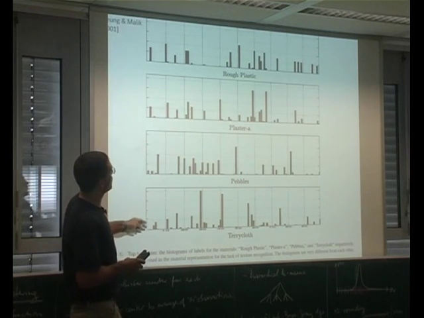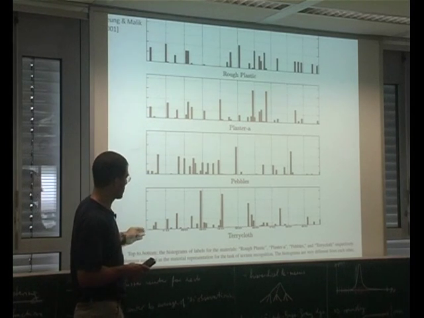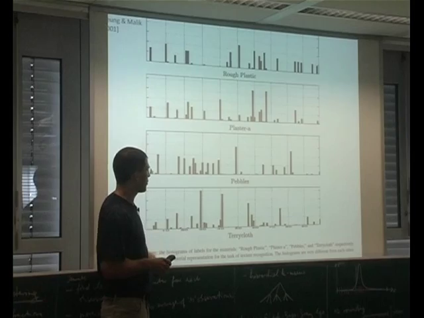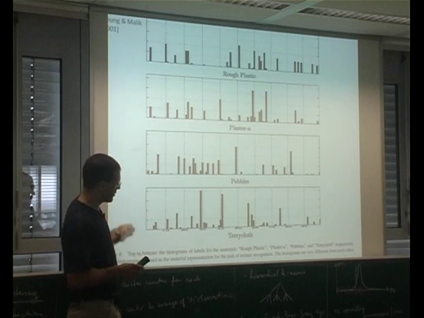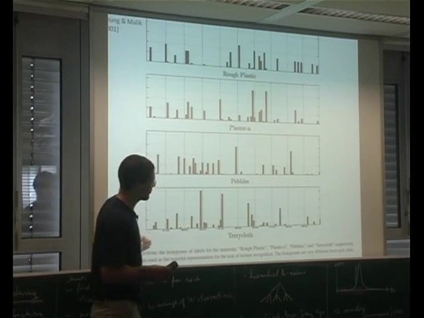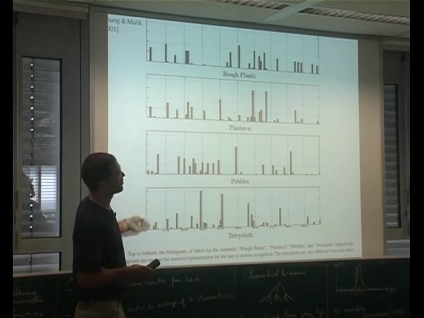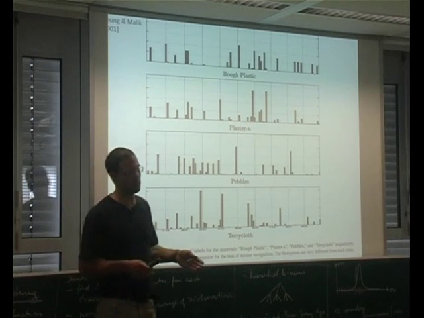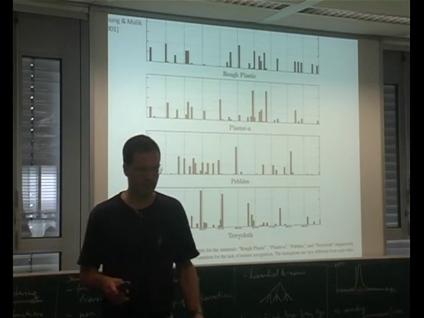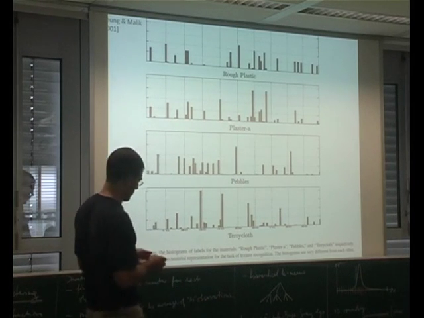And then you can count for different materials, so plastic, plaster, and so on, how often each code vector was activated or visited by all the patches from one particular image. And as a result, we get this type of histogram. And these histograms look different for different materials. And these histograms can then be used as input, for example, for a nearest neighbor classifier or for a linear support vector machine or similar.